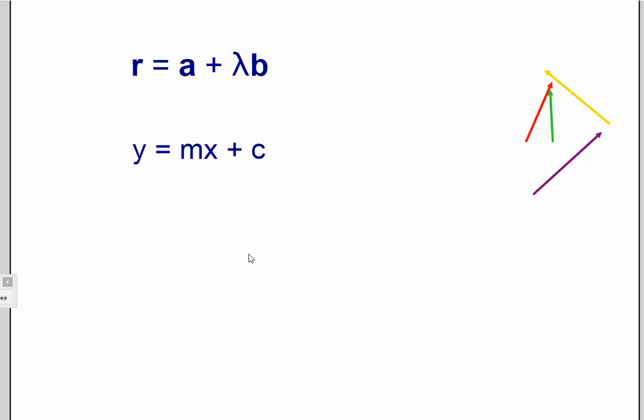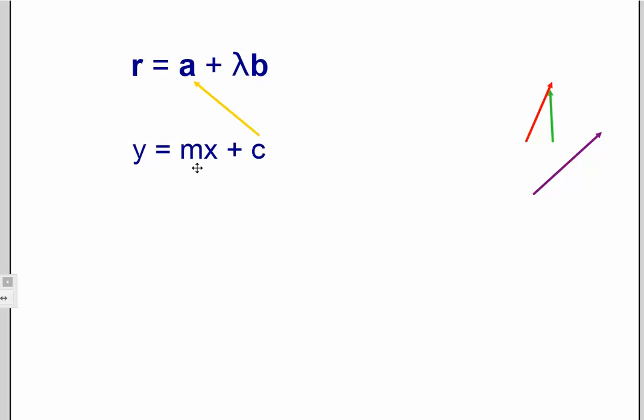And there are some similarities between our Cartesian equation and our vector equation. Now let's compare the two. So our fixed point on the Cartesian line is the plus c, and in the vector line it's our fixed point OA. So I'll link those two together. The other thing that we can compare is the slope or the gradient.